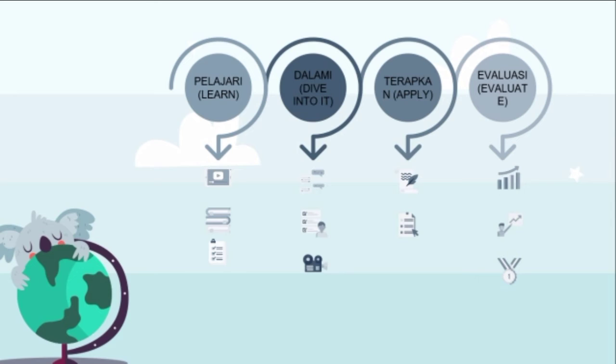In this step, the teacher will be gathering information or data to evaluate whether the students pass this topic, this material, or need to repeat a few points of this material.